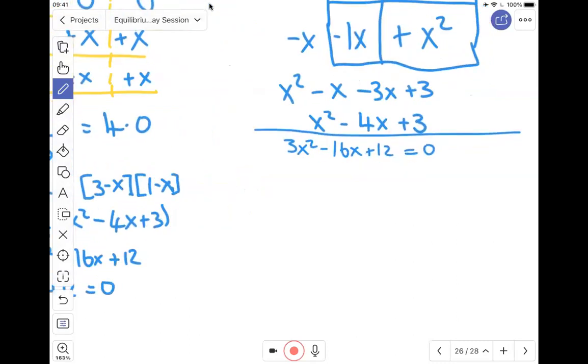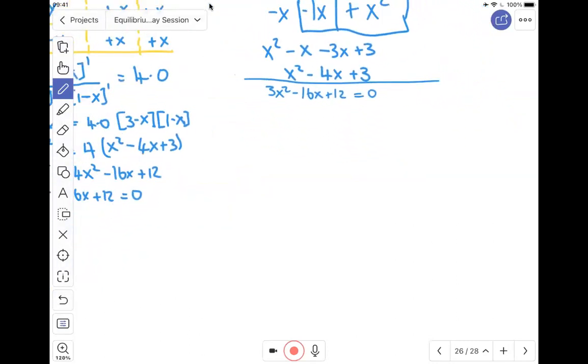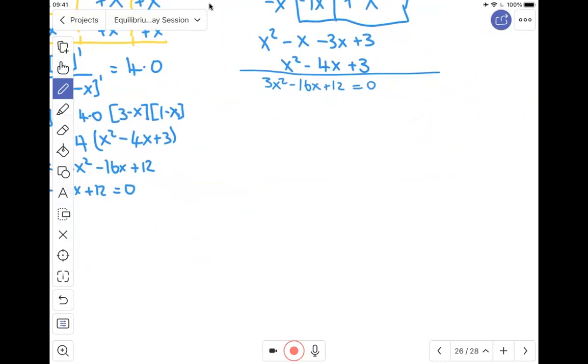So now I would go and do the minus b on that. So we know that the minus b formula is x equals minus b plus or minus the square root of b squared minus 4ac, and you divide that by 2a. And we know that a is equal to 3, b is equal to minus 16, and c is equal to 12. And just be careful when you're filling that in.